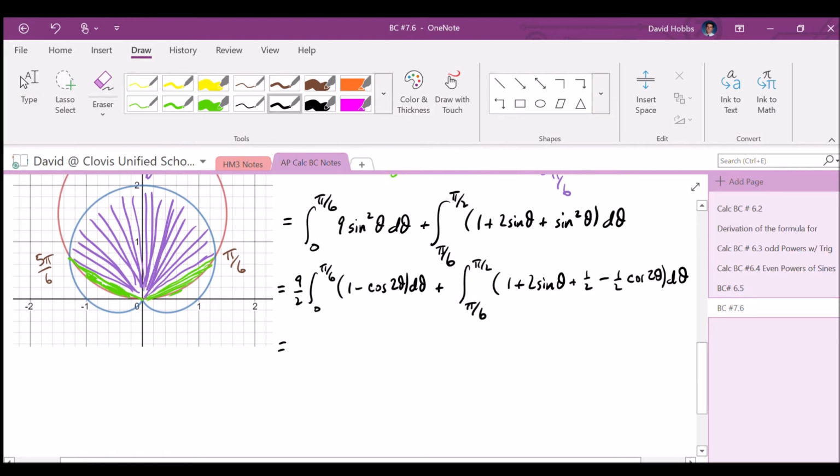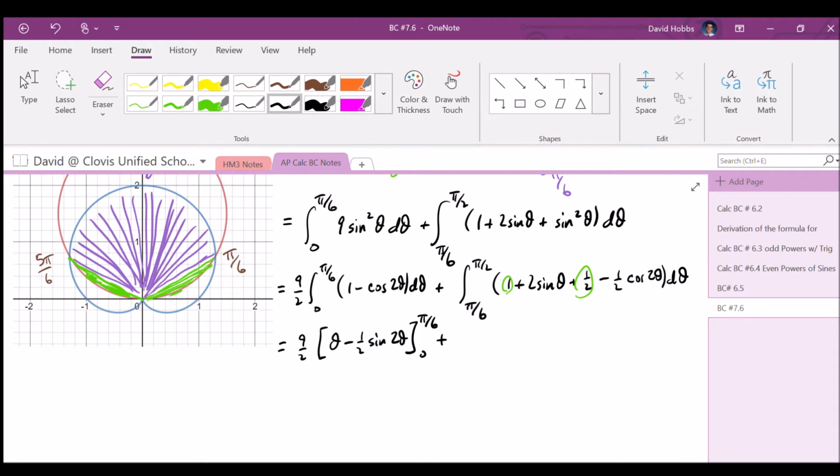Okay, so we have 9/2 times, we have theta, and let's see, negative cosine 2 theta would be the derivative of negative 1/2 sine of 2 theta, evaluated from 0 to pi over 6, plus, okay, now the 1 and the 1/2, they can combine, that's 3/2.